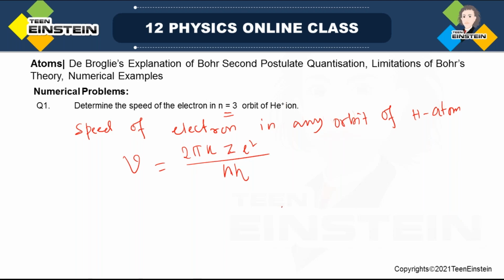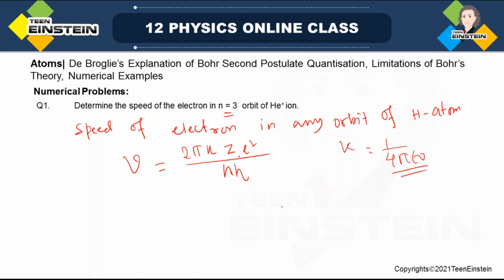So this is helium atom. Z will be 2 and n will be 3 here. This k is actually 1 by 4 pi epsilon naught. So you have to put this value of k. Z is 2, n is equal to 3. Then you will get the value, and e is the electronic charge.